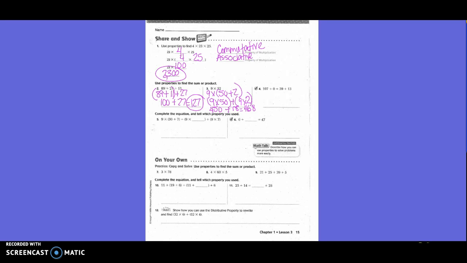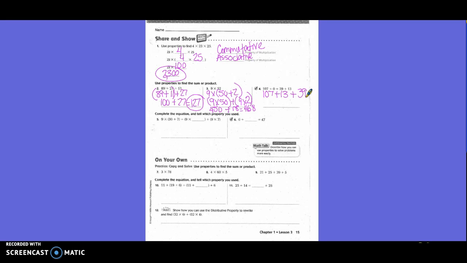Now on number 4, we have 107 plus 0 plus 39 plus 13. So can we write that in a different order? Can we do a commutative property? Yes. What am I going to want to eventually group together? The 107 and the 13, right? So plus 13 plus, do I need to add the 0? No, because is that doing anything? No. So plus 39. Now, can I do associative property? Yep, so I can put in my parentheses.